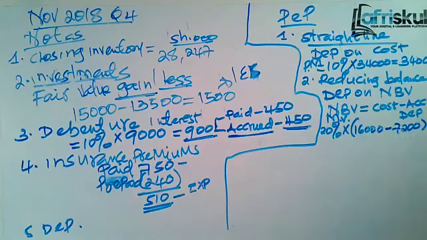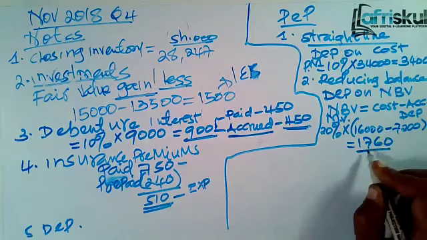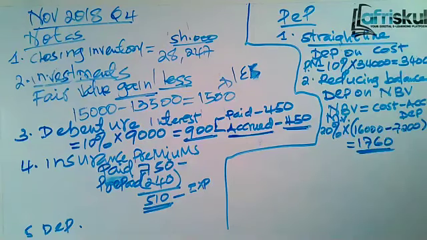When I take my calculator, I take 16,000 minus 7,200, and then multiply by that rate, I'm getting 1,760 as the depreciation expense. So basically, those are the two methods that are used when computing depreciation.